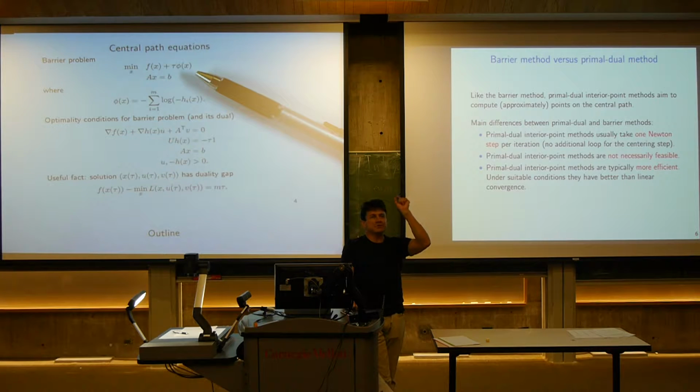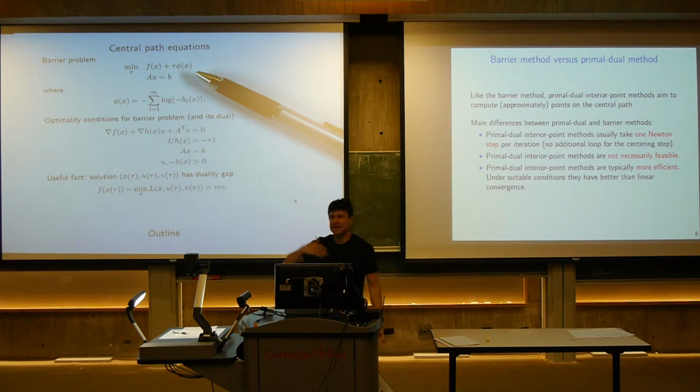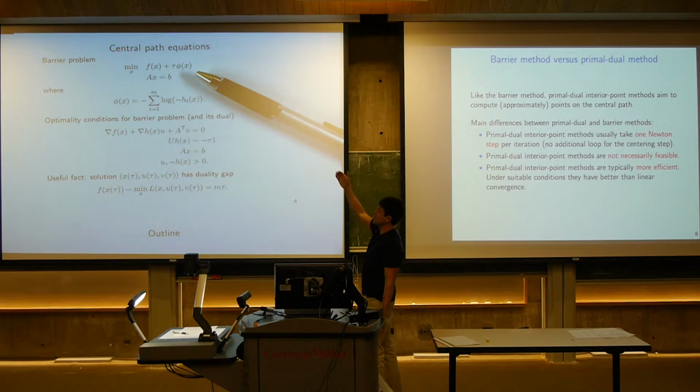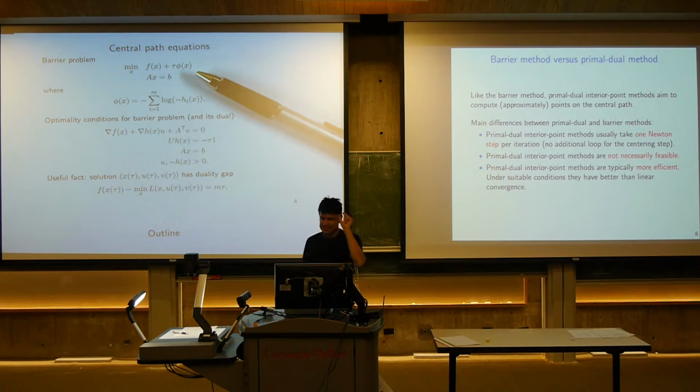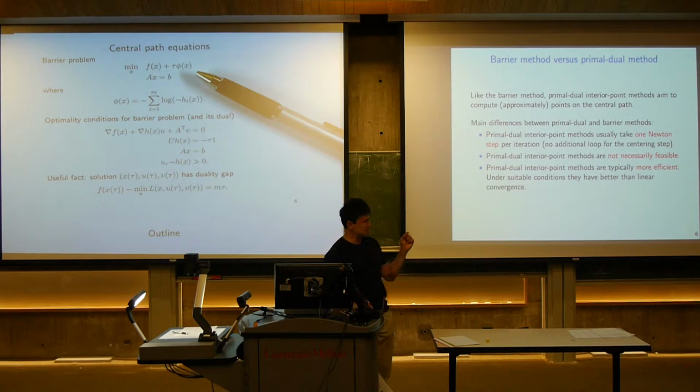Then you change the value of tau, and you use the previous iterate as a warm start for the next barrier problem. And you keep going with that as you approach the solution. When tau tends to 0, that approximates the solution to the original problem. That's what the barrier method is.